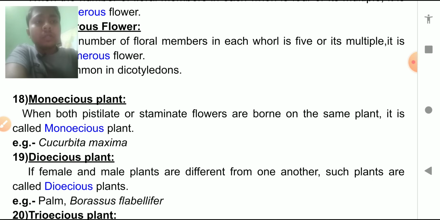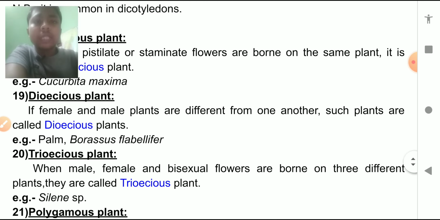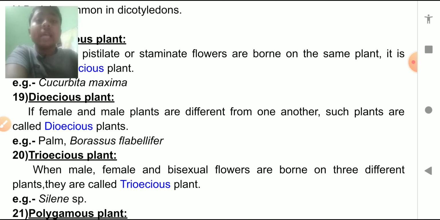Now next we talk about the dioecious plant. Dioecious means the female and male flowers are on different plants. When a female flower is borne on one plant, of the same genus and species, and at the same time male flowers are borne on a different plant, this is called a dioecious plant.